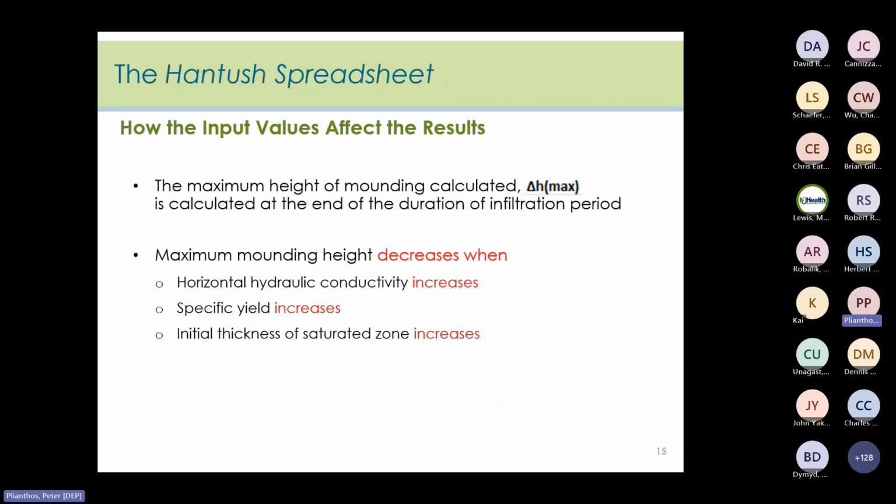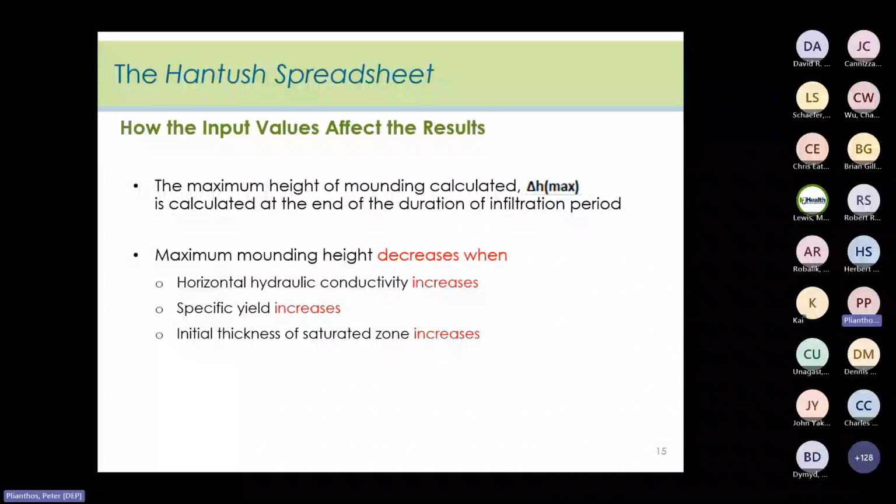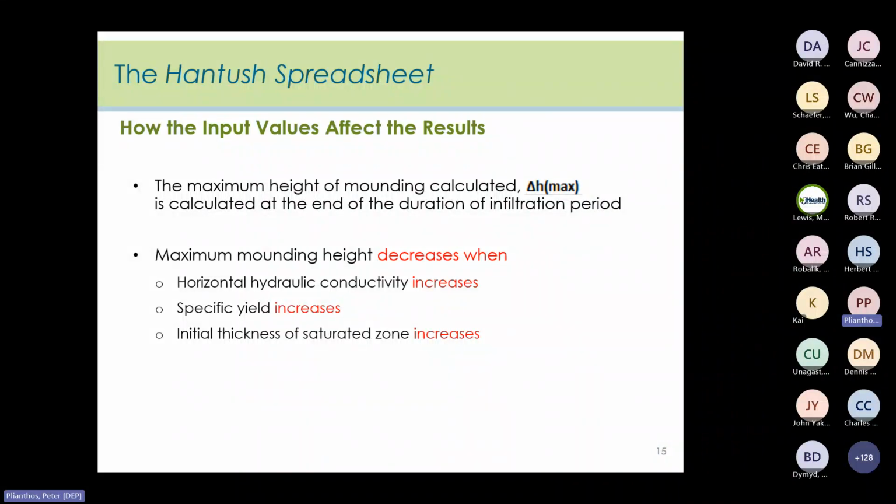However, the hand-touch spreadsheet does not further calculate the mounding as it spreads out over time. We'll talk about this further in just a moment. A lower mounding height will happen when the horizontal hydraulic conductivity increases, when specific yield increases, or when the initial thickness of the saturated zone increases.